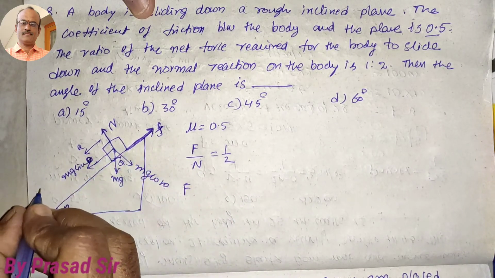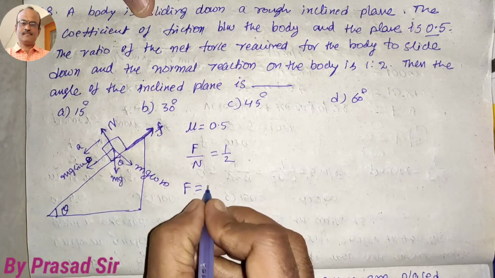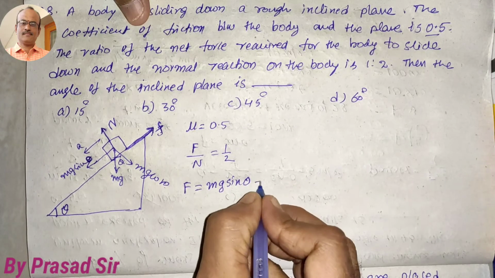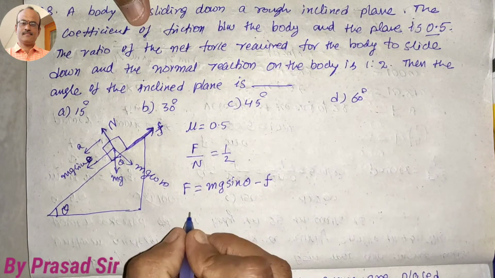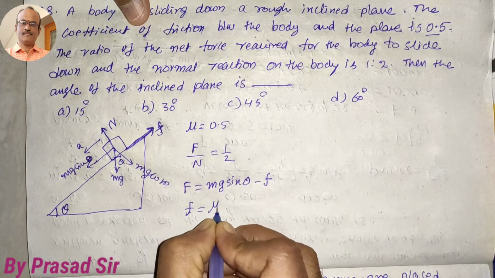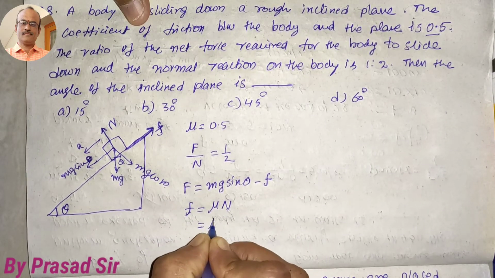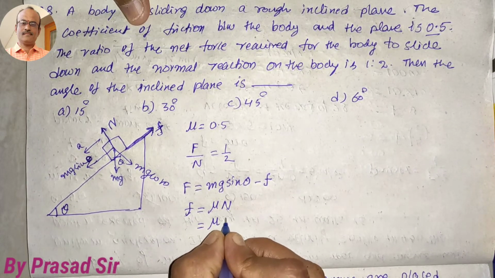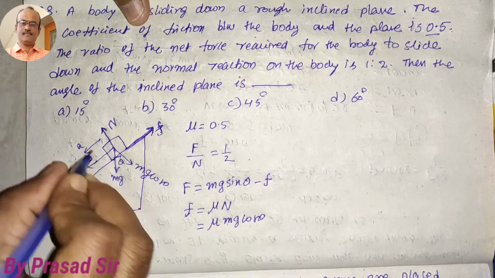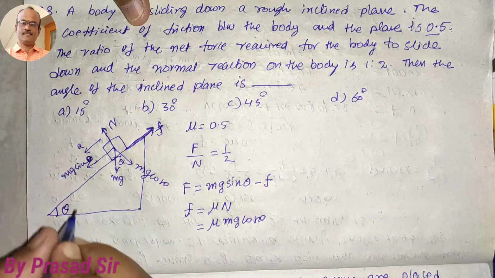So first of all I will find capital F. The body coming in the downward direction means force is equal to mg sin theta minus the frictional force. What about the frictional force here? Mu into N, that is mu into the normal reaction, which is mg cos theta, since the normal reaction is balanced with mg cos theta.